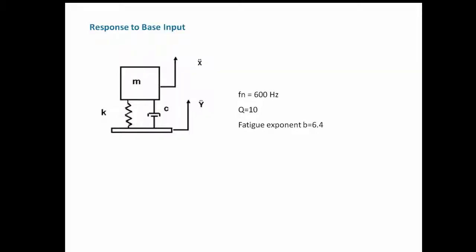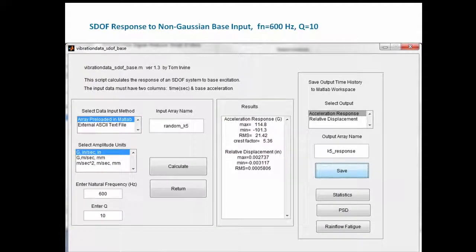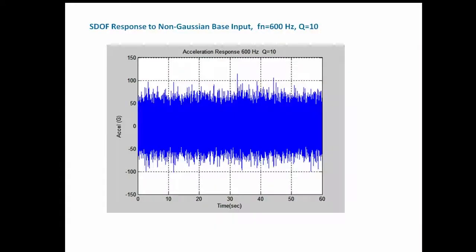So there was our oscillator, and we did the response to the base input in the time domain, using the David O. Smallwood ramp invariant digital recursive filtering relationship, which is intended for shock but also works just as well for long duration vibration. Then we got our acceleration response, so this is the slide version.